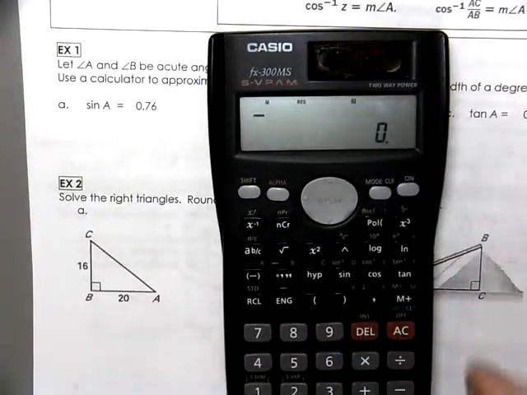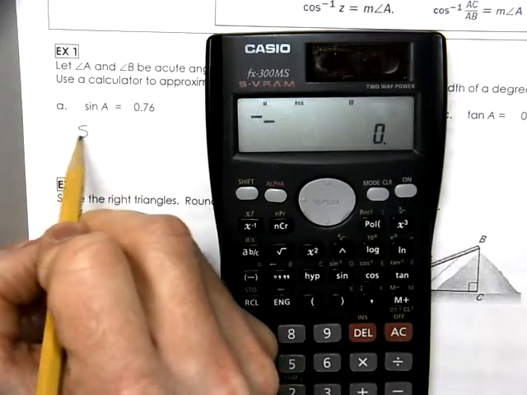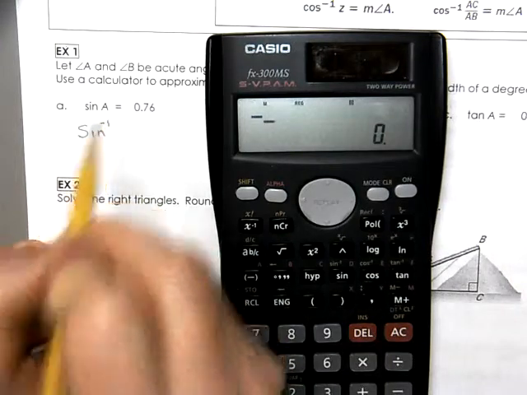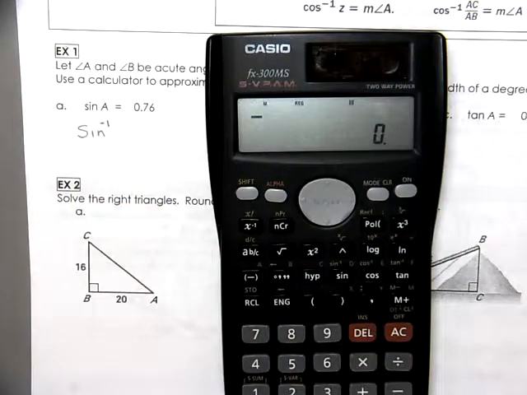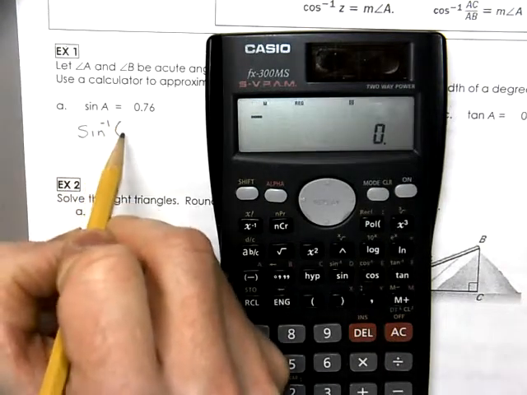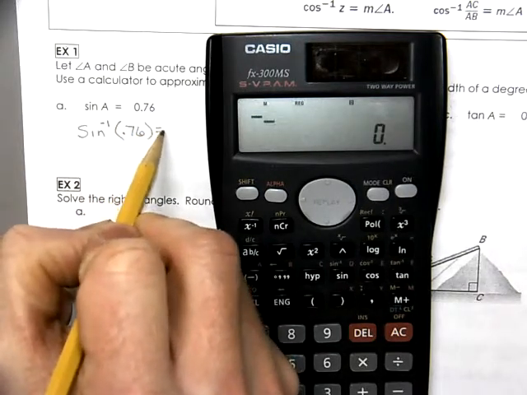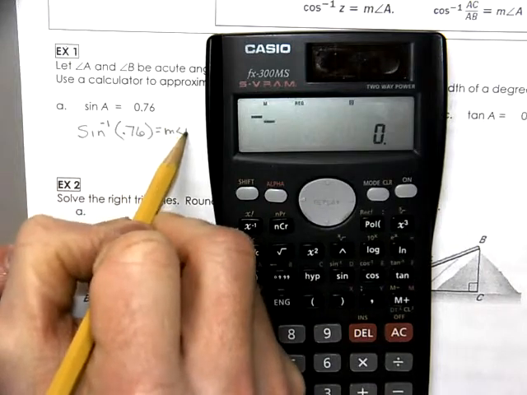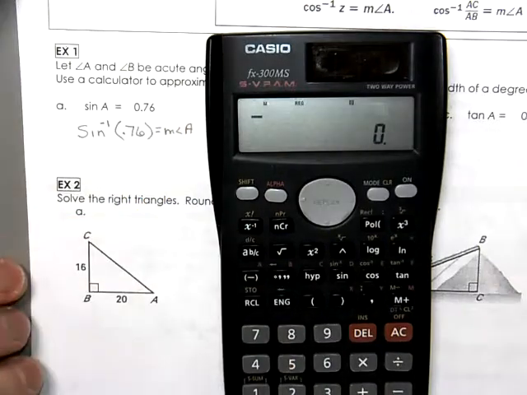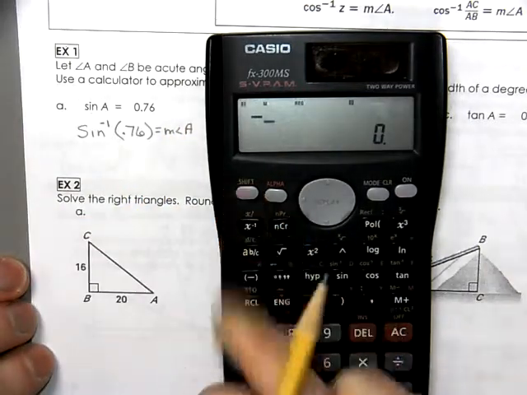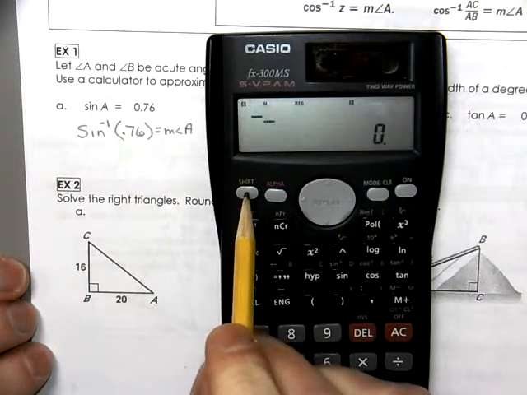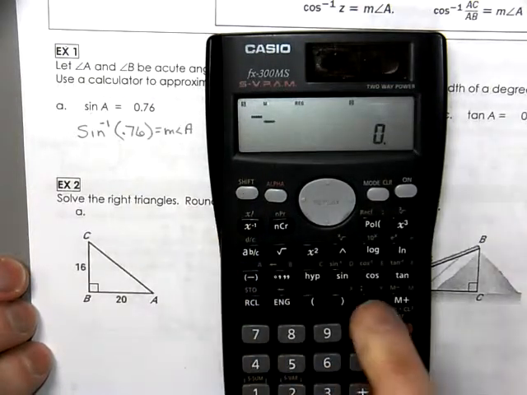So we could take our calculator, and for us to calculate the inverse, which is the -1, sine inverse of 0.76, and that's going to equal the measure of angle A, we need to hit the second or shift key, depending on what your calculator has.